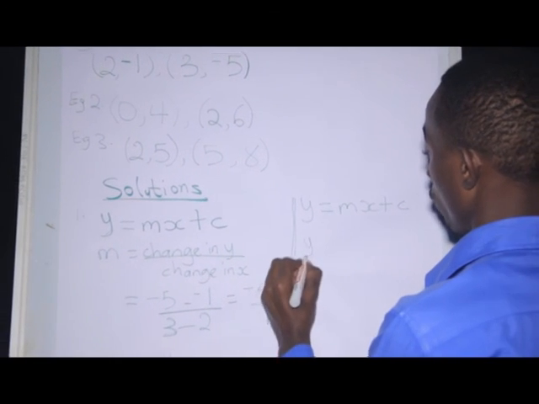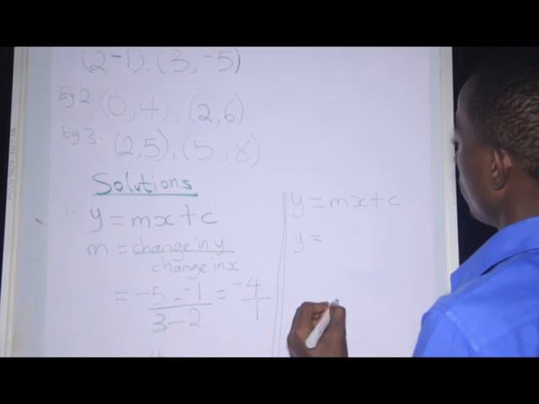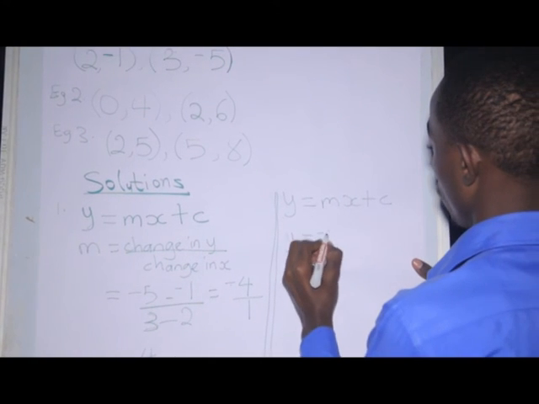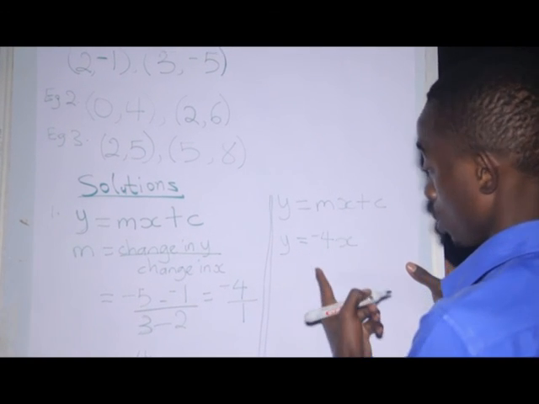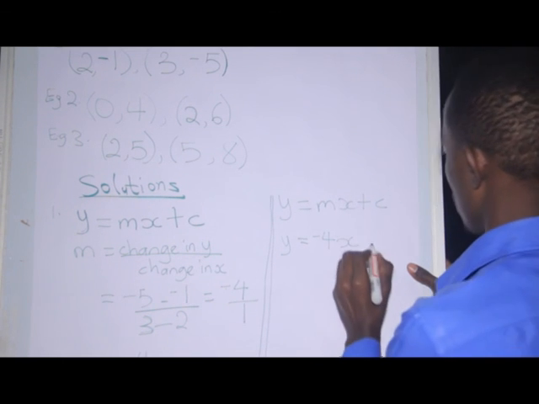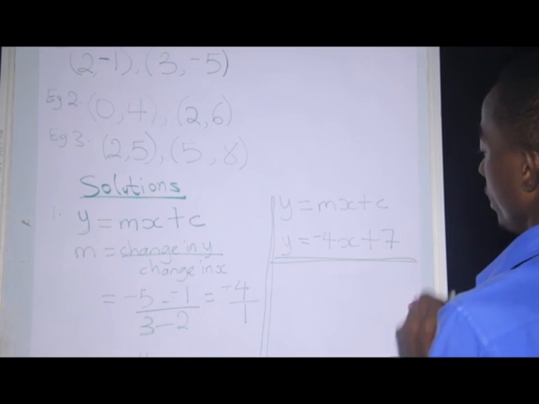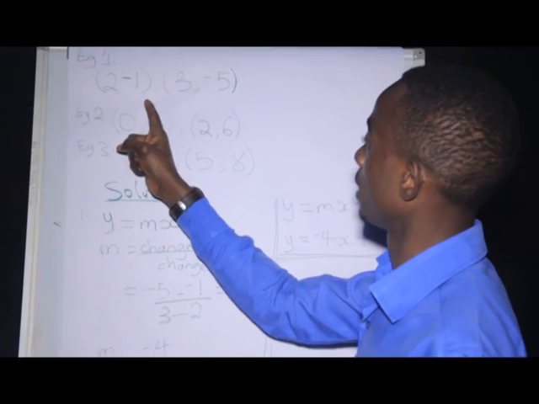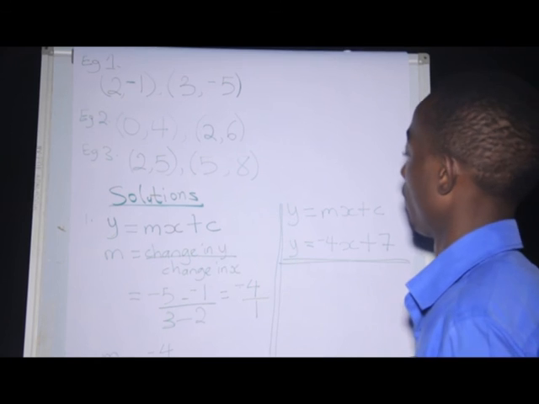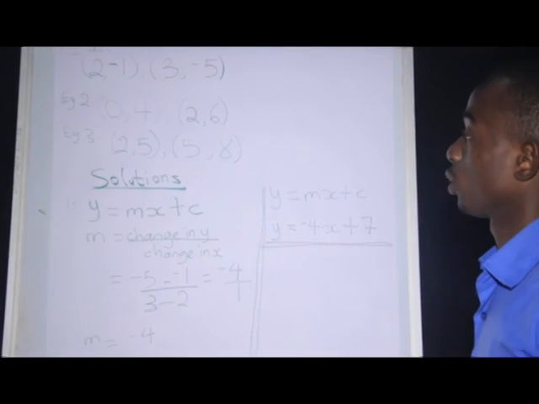So my y remains like that, is equal to m, which we got as -4, x. I also don't substitute for x, plus the c, which is 7. So this is the equation of the line that joins 2, -1 to 3, -5. That is how we find the equation of the line.